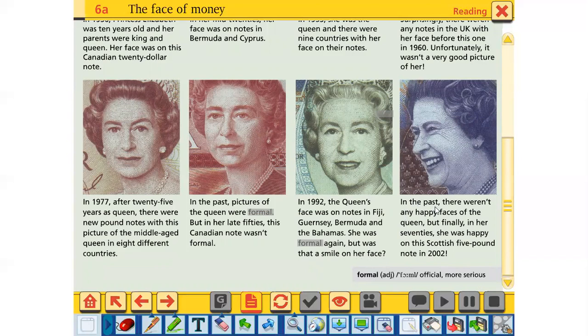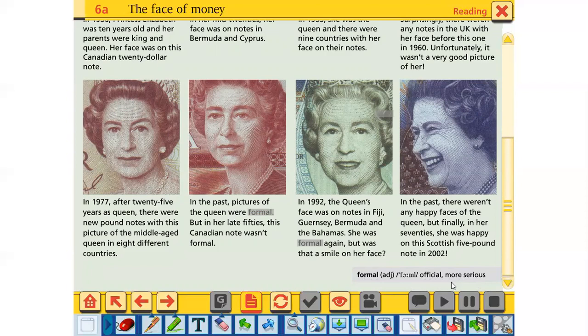In the past, there weren't any happy faces of the Queen, but finally, in her 70s, she was happy on this Scottish £5 note in 2002. Okay, what is formal?